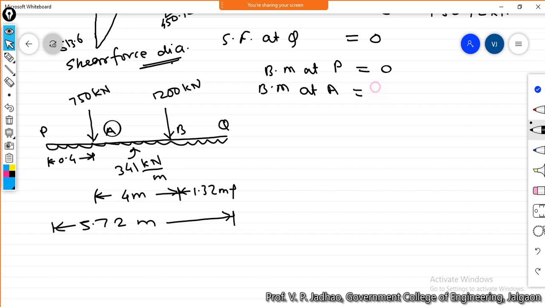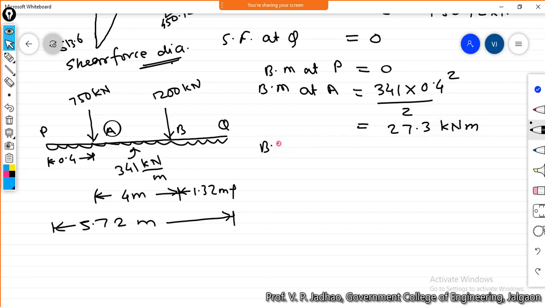W we have 341 multiplied by L is 0.4 meter square divided by 2. So the bending moment at point A will be equal to 27.3 kilonewton meter.